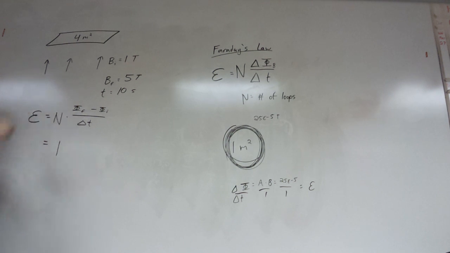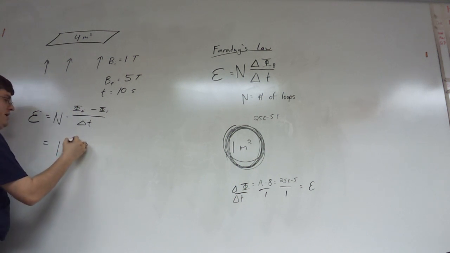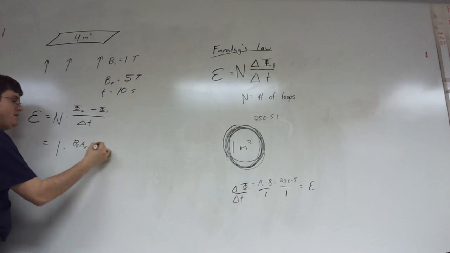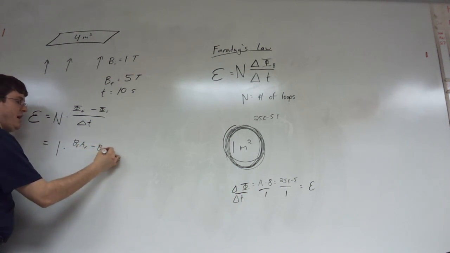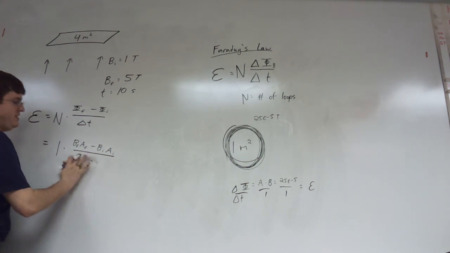Now, flux is magnetic field times area times cosine of the angle between them. Here we'll just assume they're perpendicular. So I get B final A final minus B initial A initial, all over the change in time, which we said was 10 seconds.